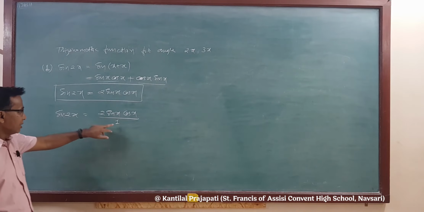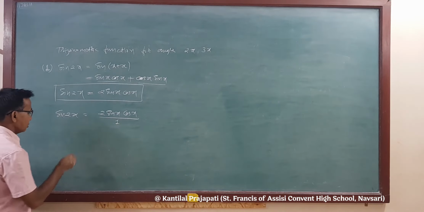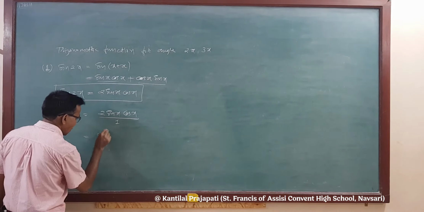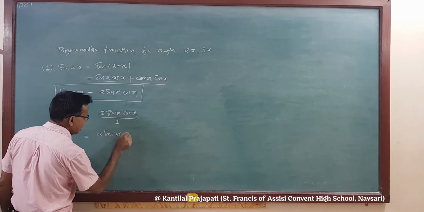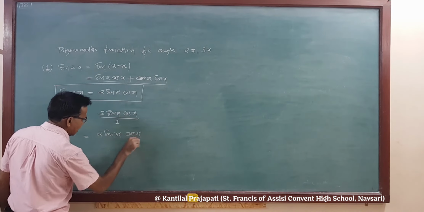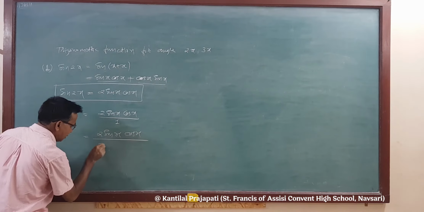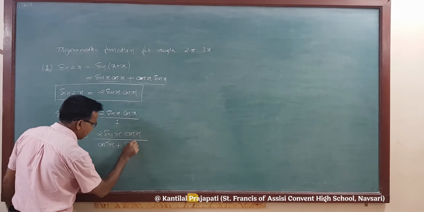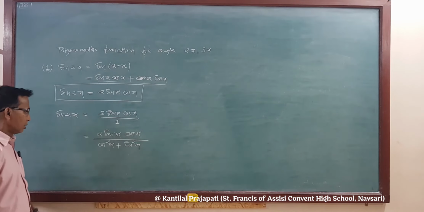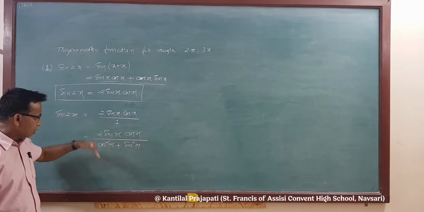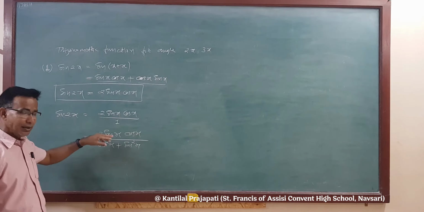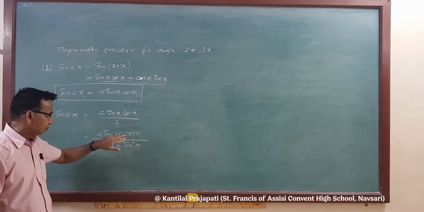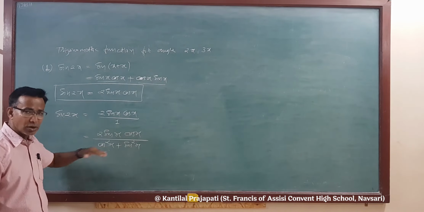So we put the identity here, for 1 is equal to, we put the identity in terms of sine and cos. So 1 is equal to cos square x plus sin square x, right? So here we have to convert into tan, then dividing by what? Cos square. So each term dividing by cos square.